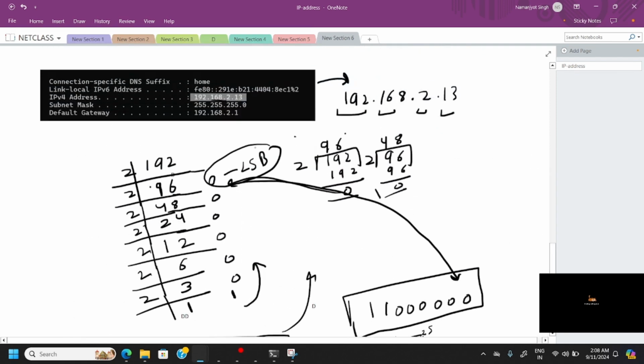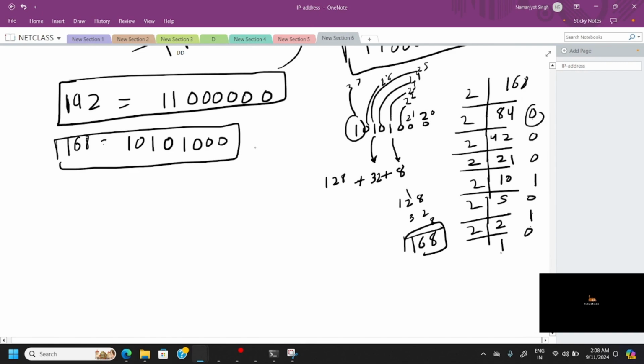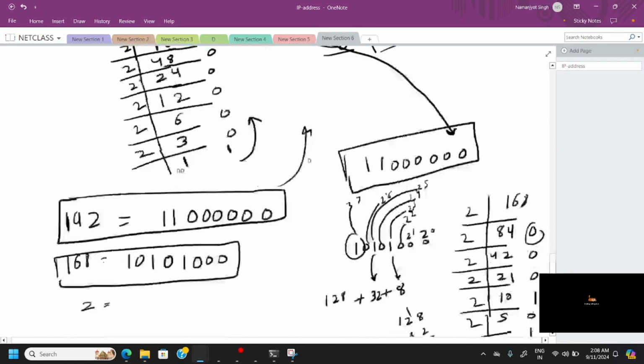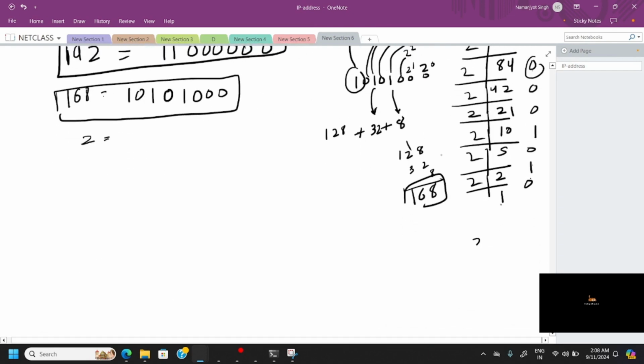Again, in a similar way, if we take 2, representing 2 is simple, isn't it? 2 ones are 2, and the remainder bit is 0. So you do 0 and 1.